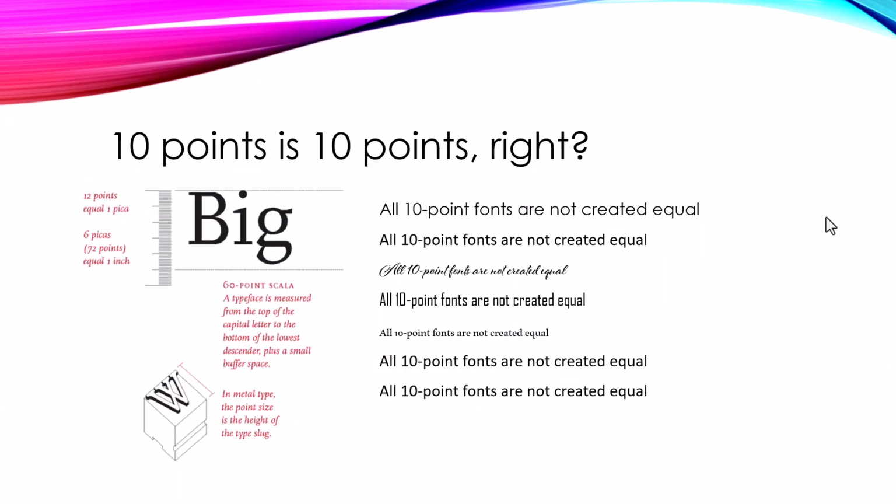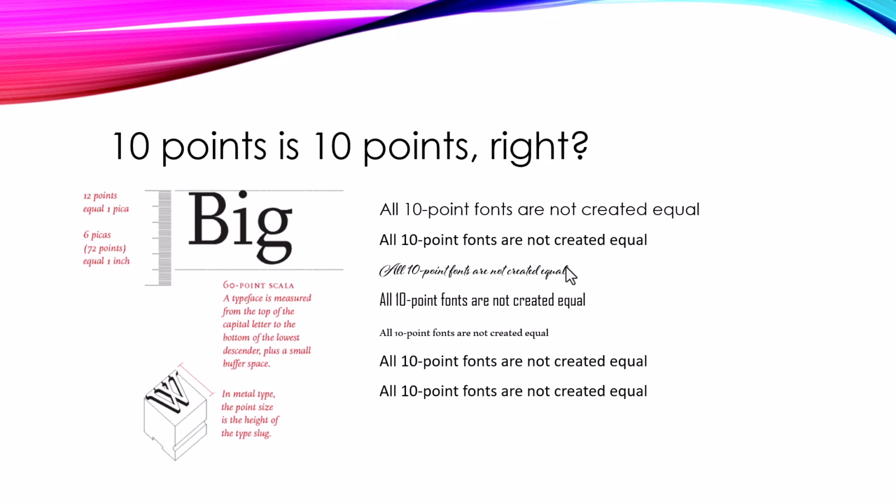When we talk about a 10-point font, we are talking about the height of the letter. But you have to understand that not all 10-point fonts are created equal. Each one of these examples is the same size font, but they don't take up the same amount of real estate. In metal type, which is what we learned to base our sizes off of, the point size was the height of the slug that the letter was attached to.